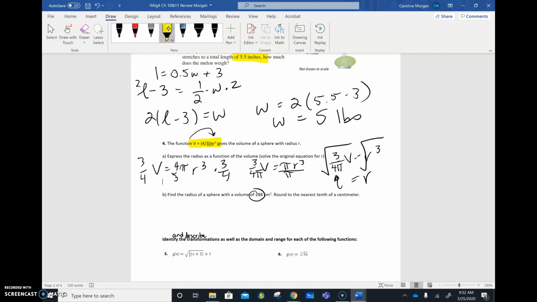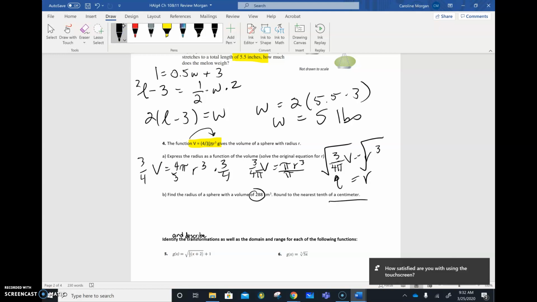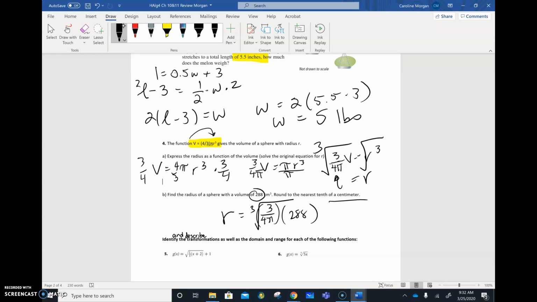Let's go back and double check. Okay. Find it to the nearest centimeter. Okay. So the radius is the cube root, right, of 3 over 4 pi times the volume of 288. So I'm going to put that into my calculator. 3 divided by, in parentheses, 4 pi.